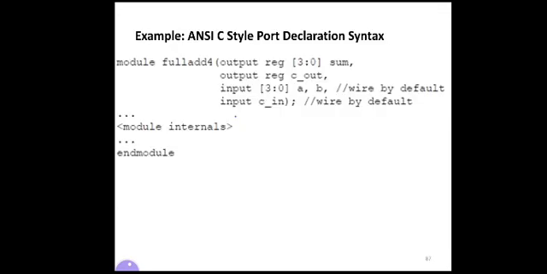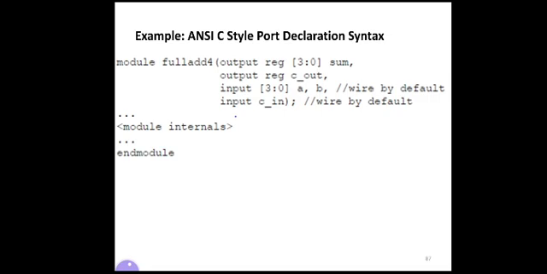See the example of the ANSI C style port declaration syntax. Observe here, module full add 4. Earlier, we just listed the port list, output ports and input ports, without mentioning them as output or input. Then within the module we declared them as output and input, but there is a duplication of the list as well as in the declaration.